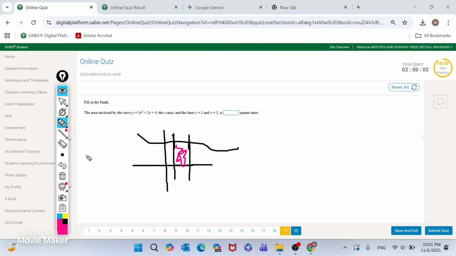Now guys, this sketch, again, it's not what the graph looks like. I'm just drawing a sketch to explain, okay? So we need to find this area. This question is simple.